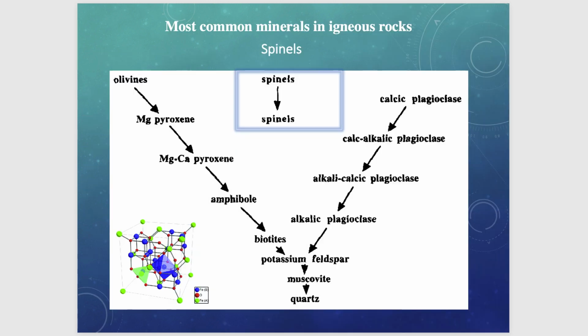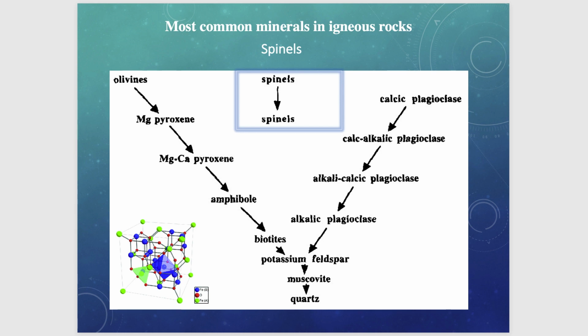The last group of minerals that is worth mentioning as part of the Bowen sequence are the spinels. Spinels are a complex group. They are essentially oxides, and they usually represent what are termed accessory minerals in the fractionation series that we have considered.